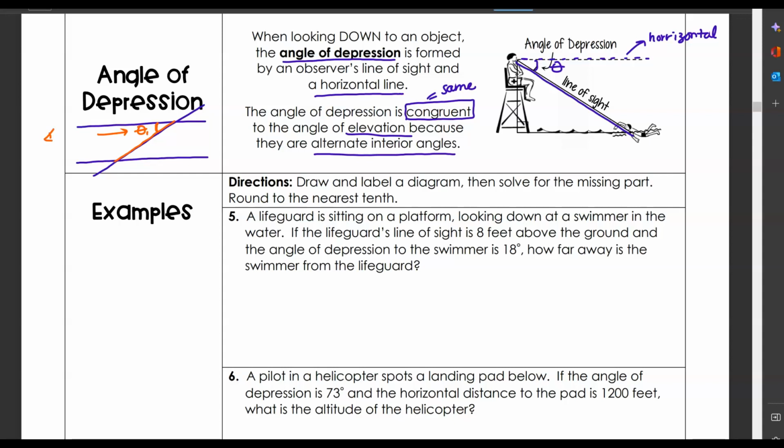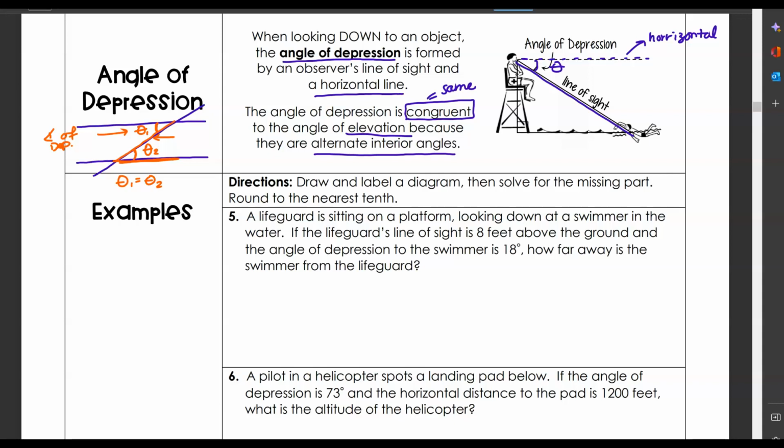So we'll abbreviate it angle of depression. And on this side over here, this is our theta 2. Again it's against this horizontal line, and this stays the line of sight. Now we can see that these two are alternate interior angles, so this tells us that theta 1 is equal to theta 2. They are in fact congruent to each other.